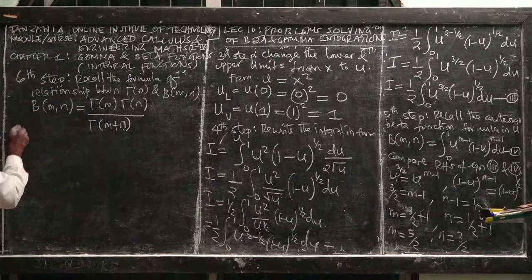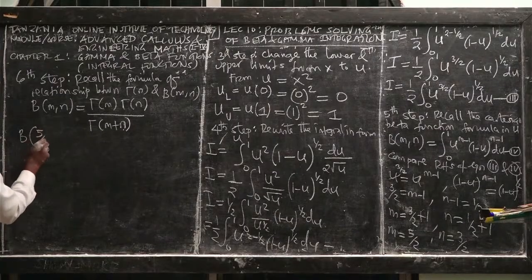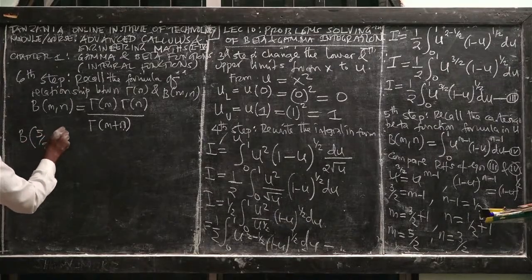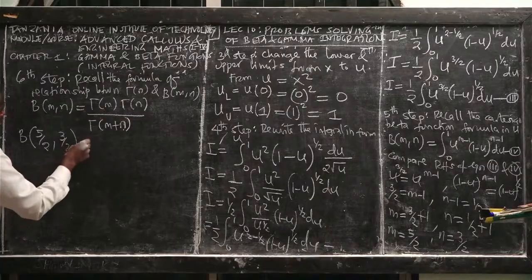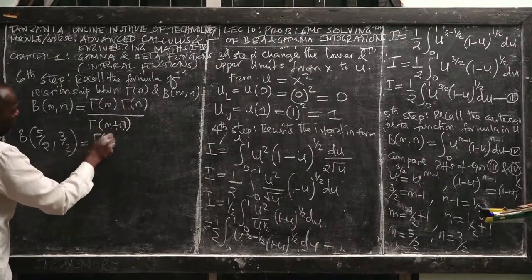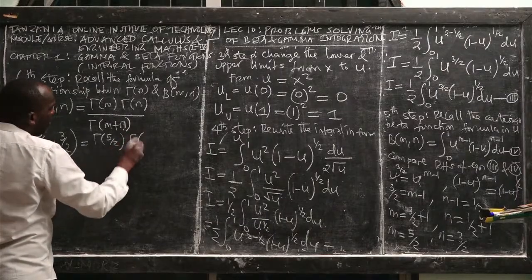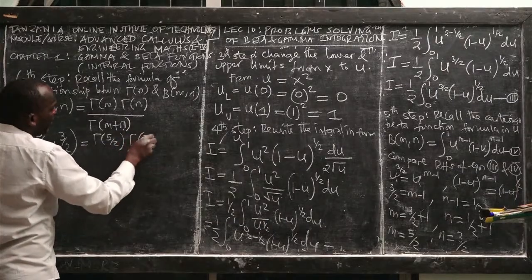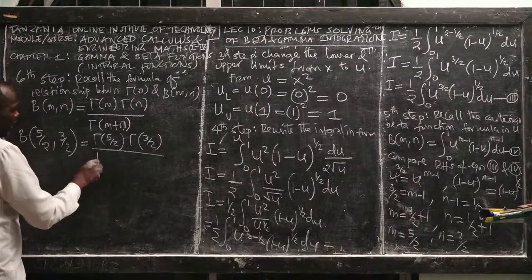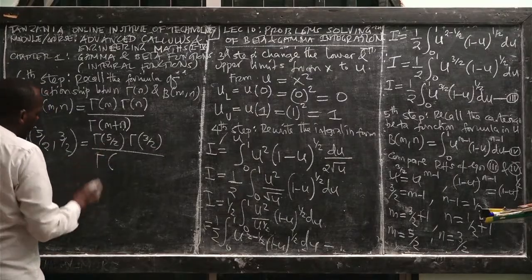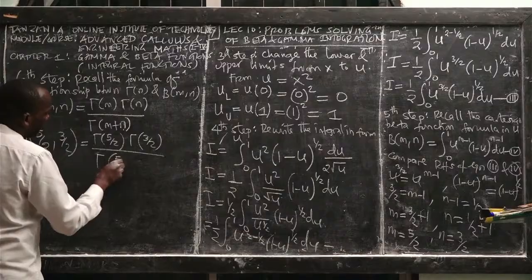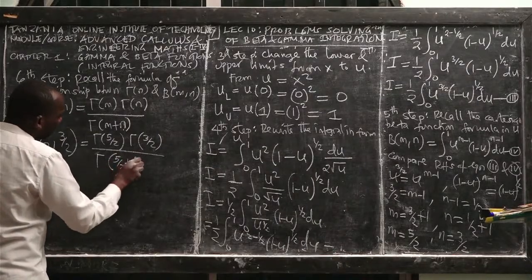So, dear students, beta of 5/2 comma 3/2 is equal to gamma of 5/2 multiplied by gamma of 3/2, then divided by gamma of 5/2 plus 3/2.